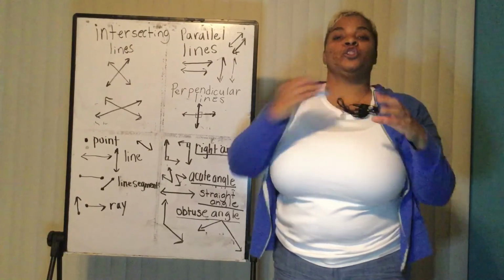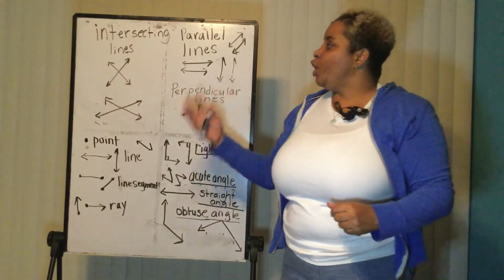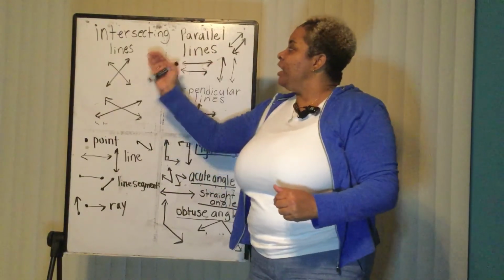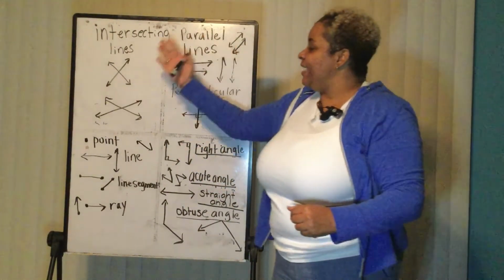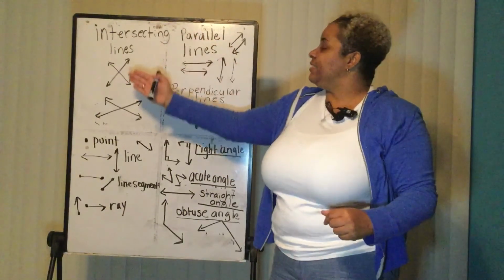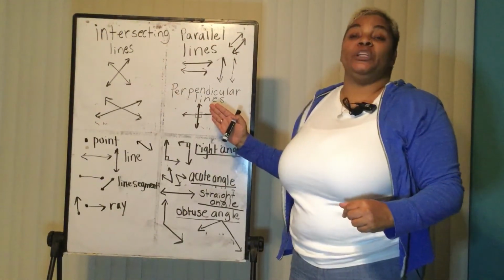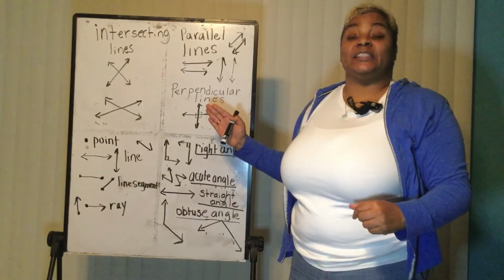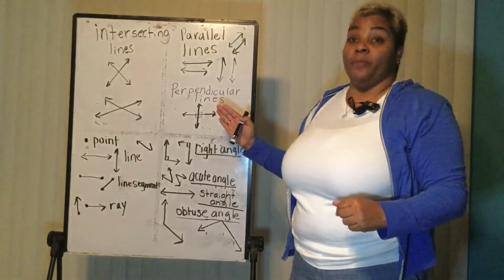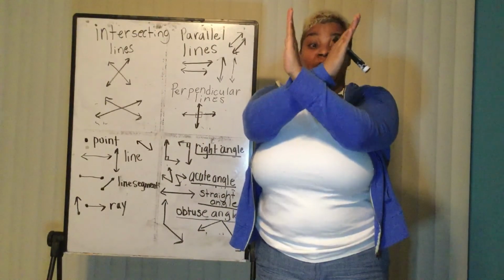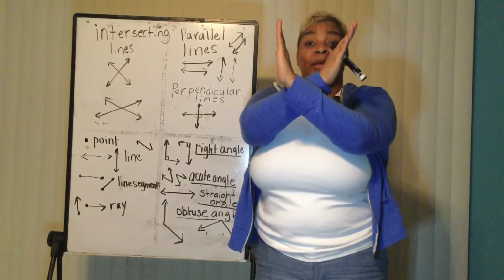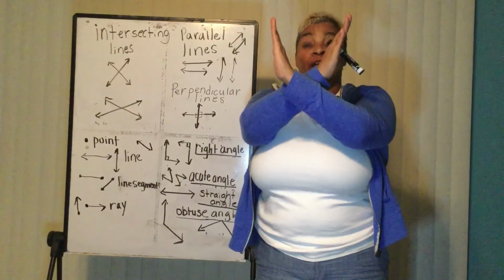All right? So I want you to soak this in. Go back through it one more time in your head, and we're going to go back through it one more time together. Get this down, what these different lines are, how we describe them. And we're going to take it a step further tomorrow. Get ready. Intersecting, meet or cross.